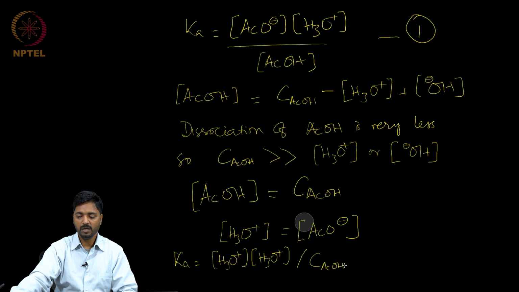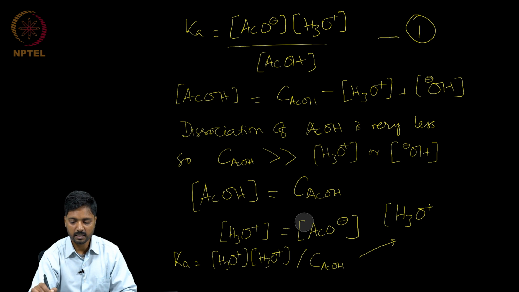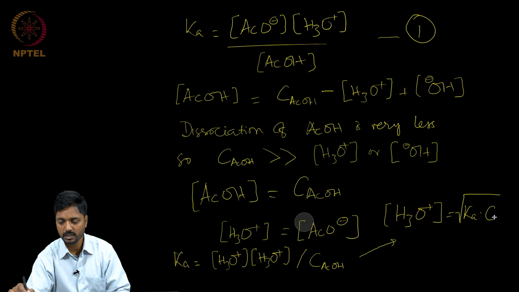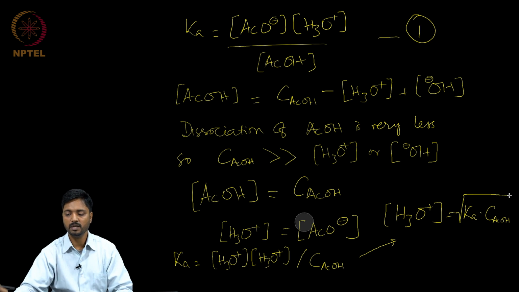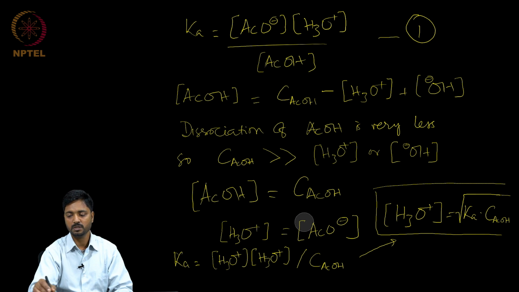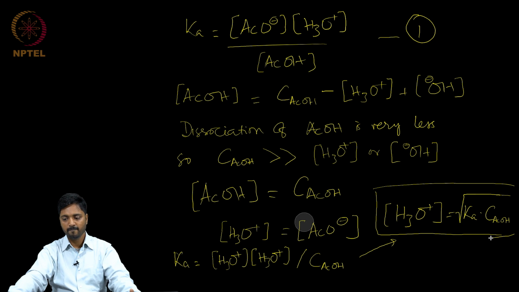When we reorganize this, the hydronium ion concentration is nothing but the square root of the dissociation constant times the concentration of the acetic acid that was originally taken. This is the equation that we can use to calculate the initial pH of the medium.